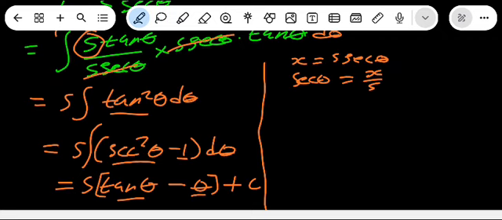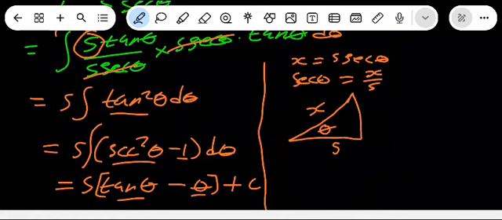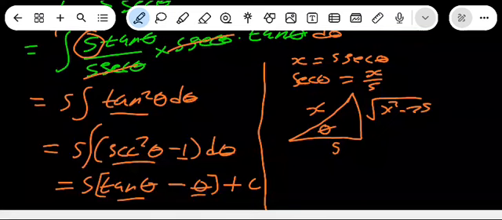So if we draw our triangle, we'll have theta. The hypotenuse is x, the adjacent is 5, and the opposite will be the square root, by Pythagoras, of x squared minus 25.